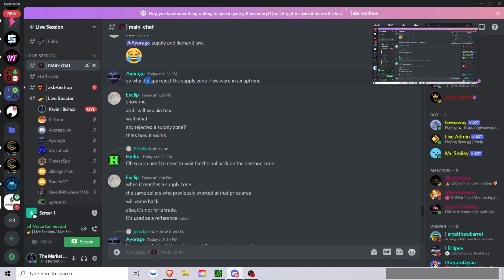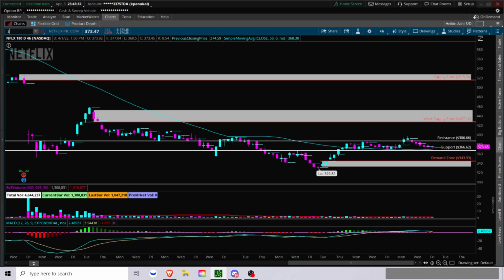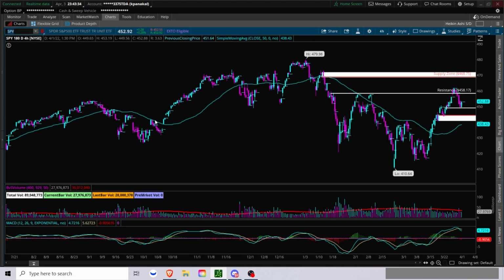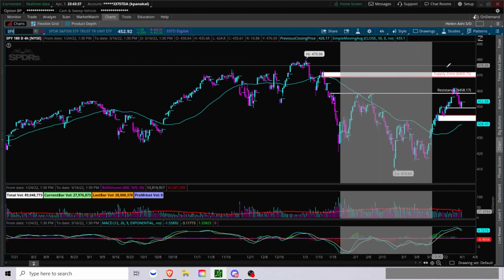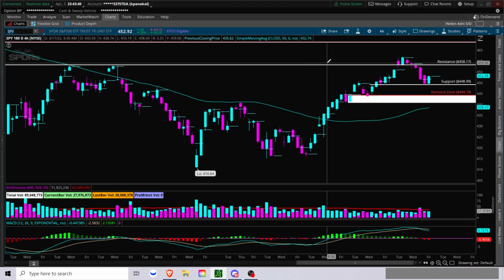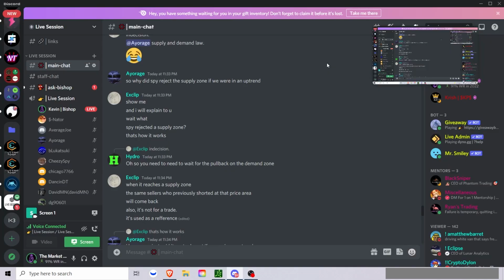Alright. So why did SPY reject the supply zone if we're in an uptrend? Let me see what you're talking about. Oh yeah, that's what I was saying, we removed the supply zone because it got broken through, but just because we're in an uptrend doesn't mean that the supply zones are just invalidated. They will be respected, but they won't be respected multiple times. They might be respected once, but not multiple times.